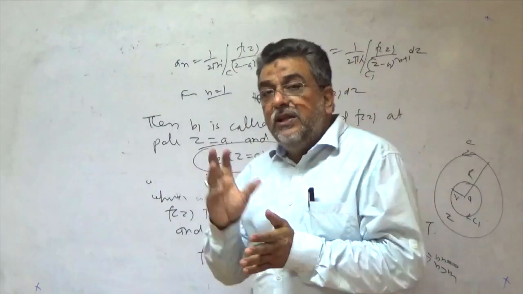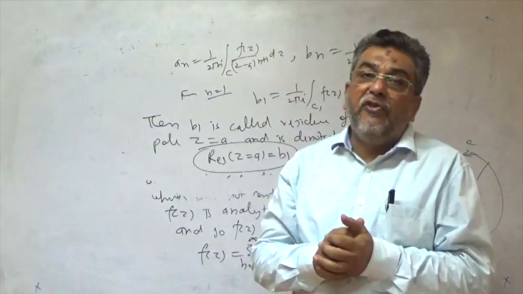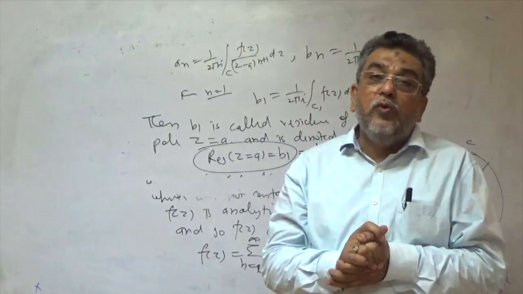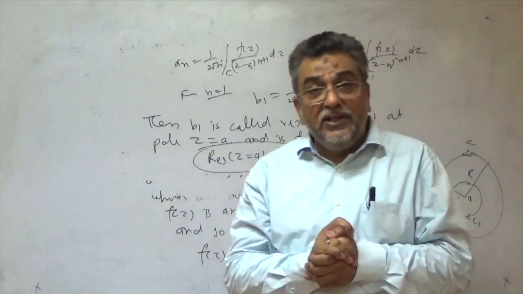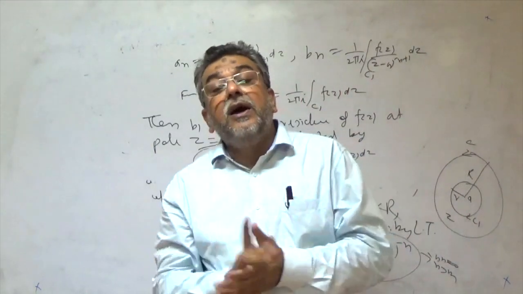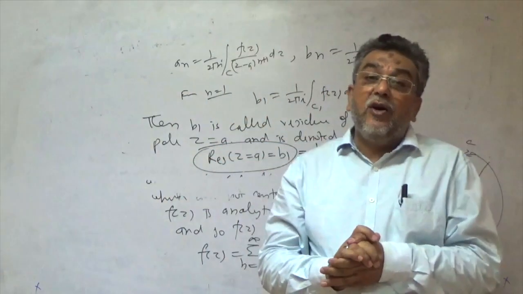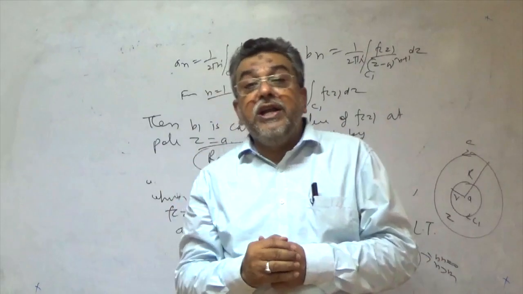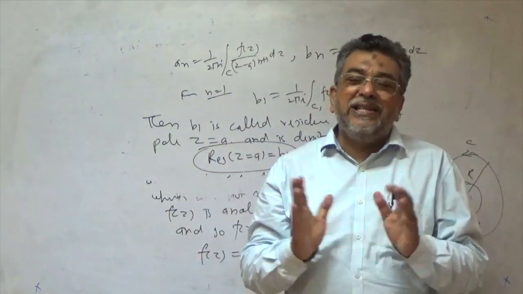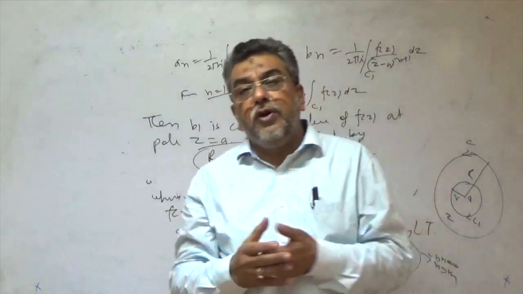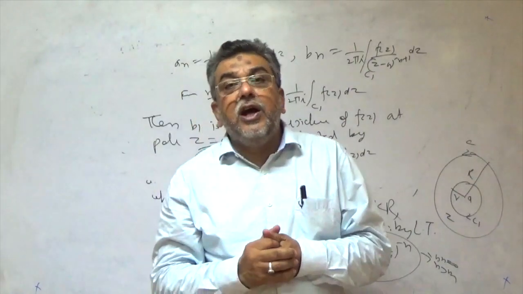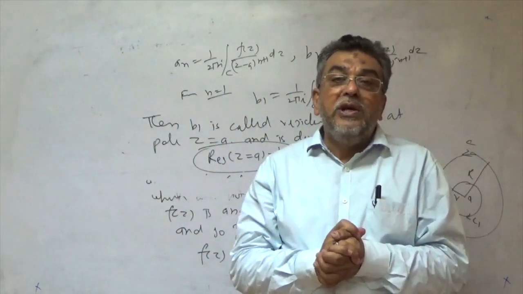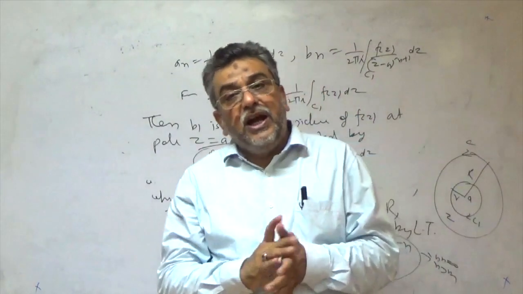A simple pole means there is a linear factor of degree 1, corresponding to which you get the value at which the function is not analytic. Another is the pole of any order. If we have a quadratic factor (z - a) squared, then that is a pole of order 2. If we have a cubic factor (z - a) cubed, then we get a pole of order 3, and so on.